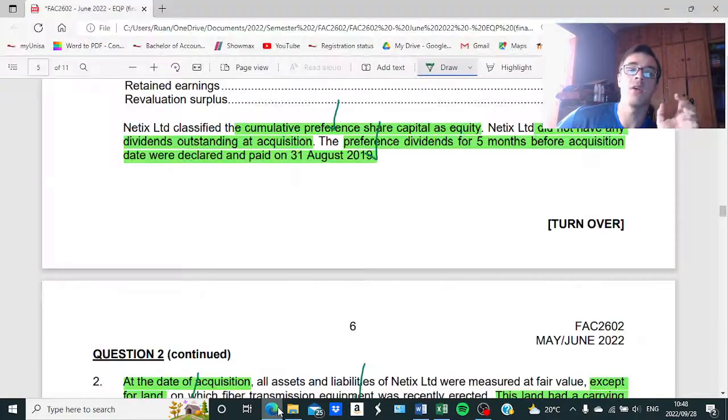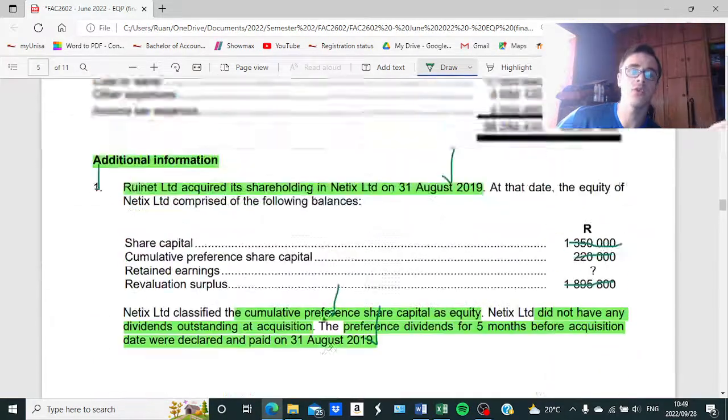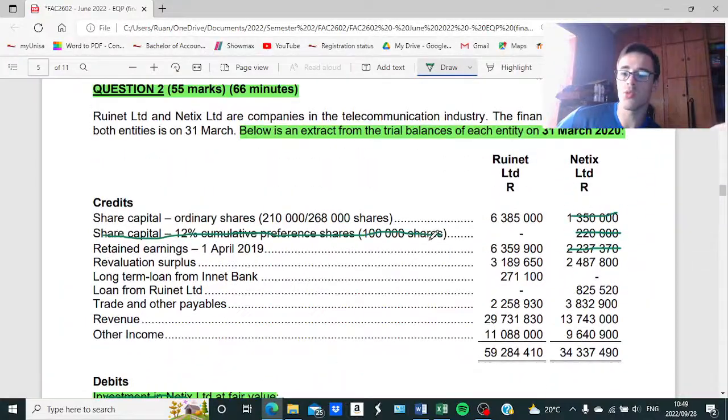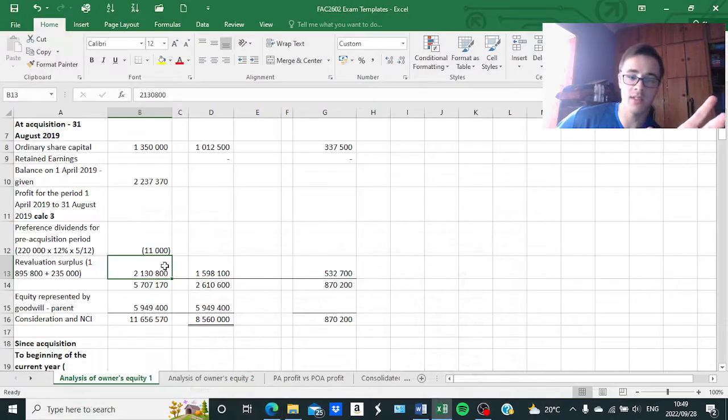Now, how do we calculate the current year's revaluation surplus? If you look at your trial balance, you will see that Netix Limited has total revaluation surplus of 2,487,800 Rand. So if you calculate the difference between this amount at year end and the actual balance at acquisition, that will give you the current year's revaluation surplus.